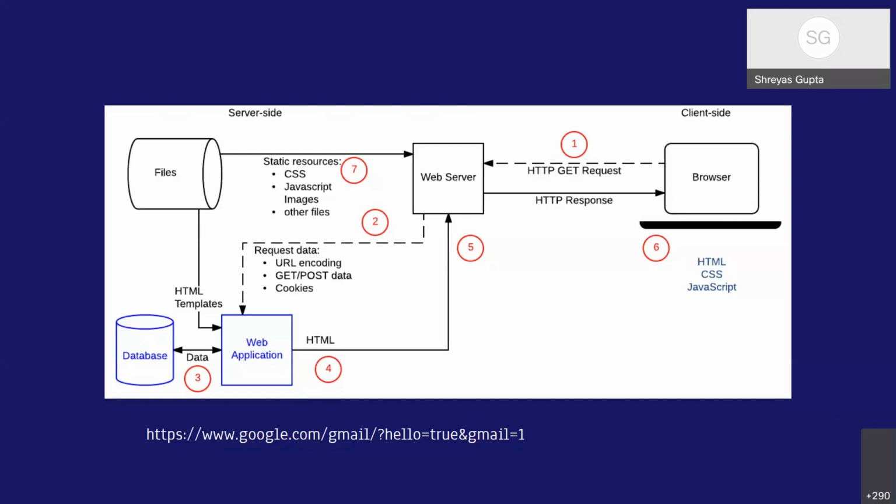Basically, the server sends you the HTML, CSS, and JavaScript that your browser is showing you. So when I have done everything with my database and finalized what I want to show to the user, I will write that in HTML, CSS, and JavaScript, send that to your browser, and your browser will show it to you.